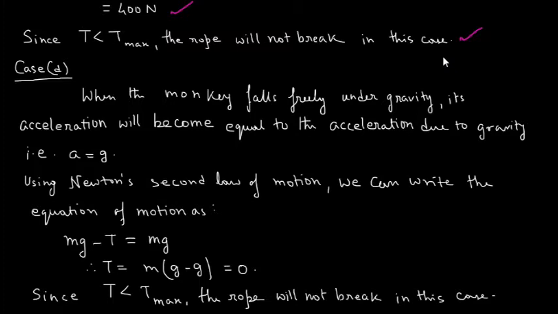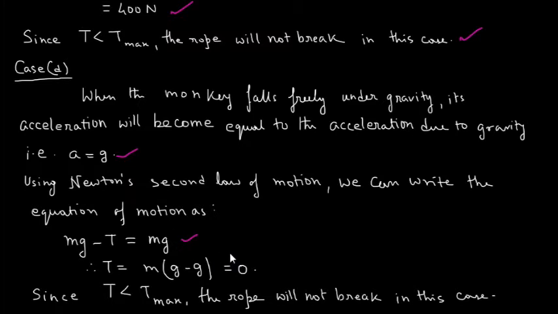Case D. When the monkey falls freely under gravity, its acceleration will become equal to the acceleration due to gravity, that is A will be equal to g. Using Newton's second law of motion, we can write the equation of motion as mg minus T is equal to mg.